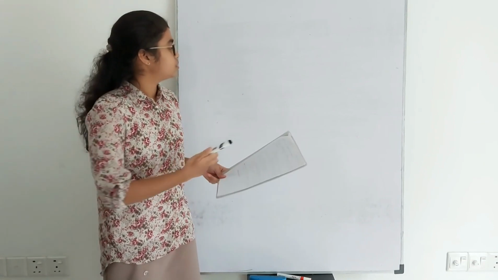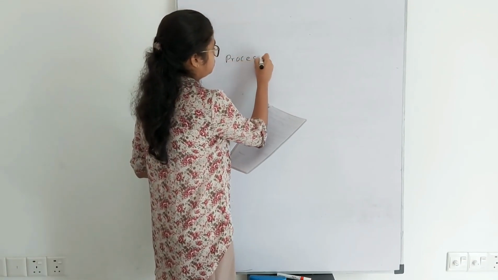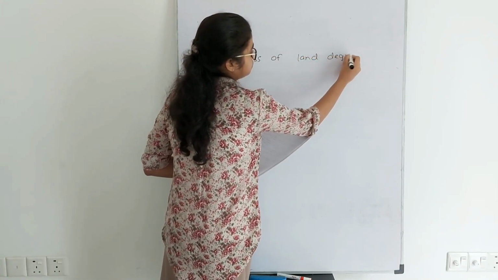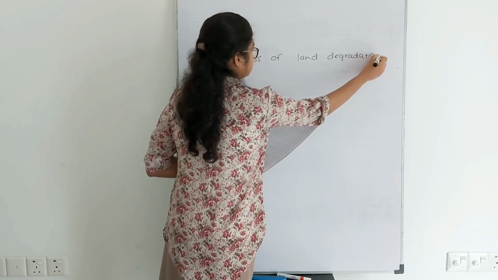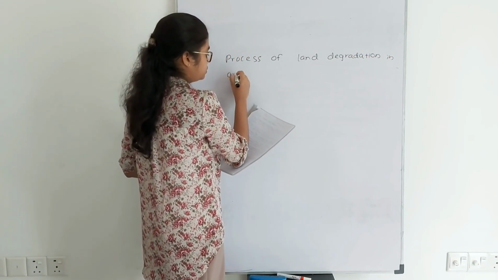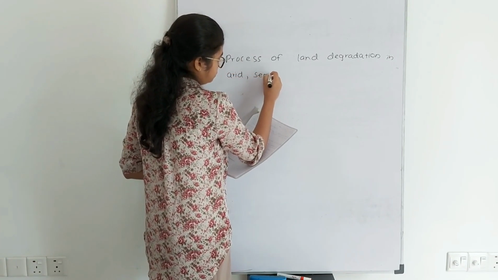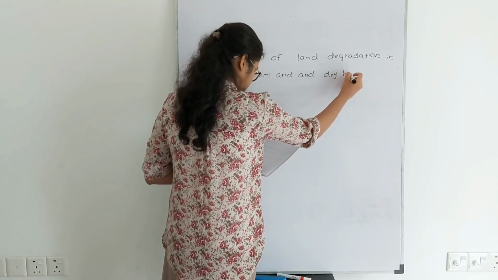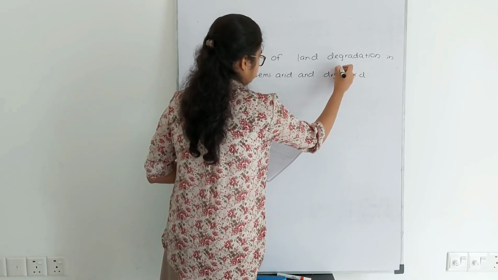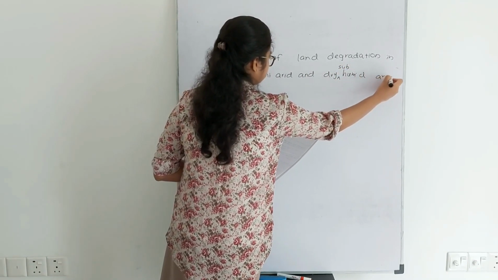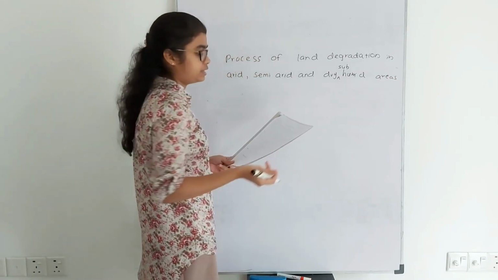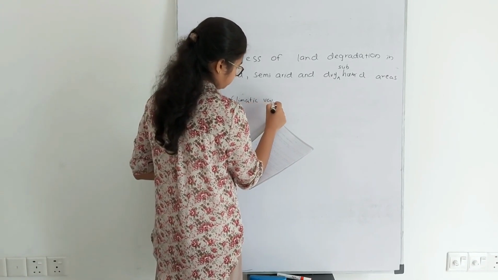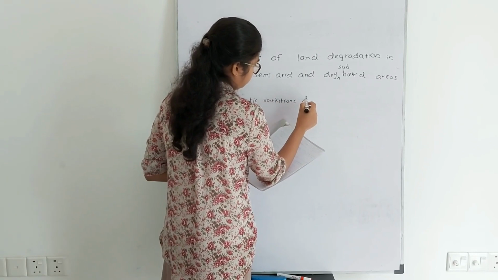It is the process of land degradation in arid, semi-arid and dry subhumid areas, resulting from various factors including climatic variations and human activities.